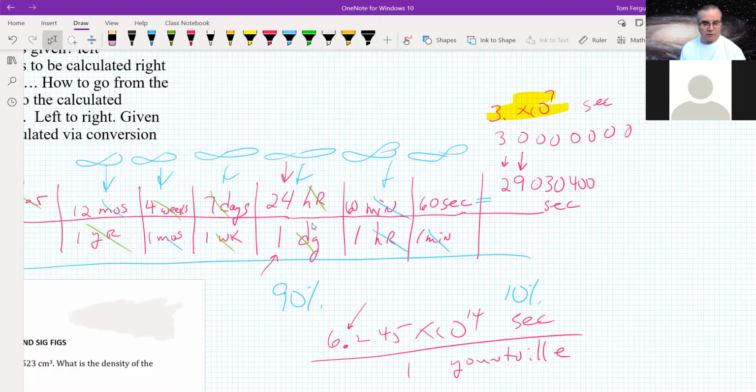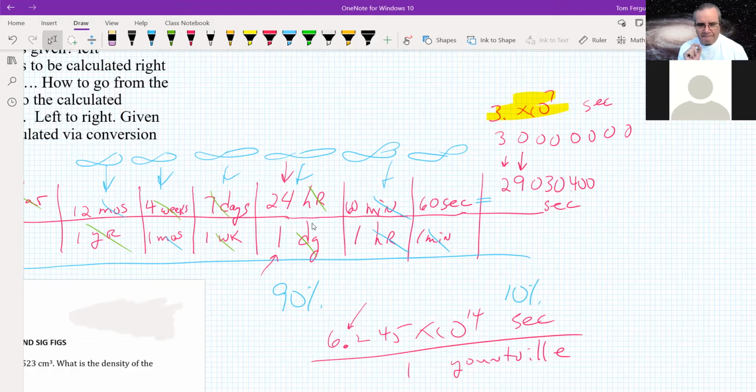Well, guess which one's more precise? The digital one. The spring-loaded one was just the accuracy of the spring. Spring gets old, it gets weaker, all this stuff, where a digital one doesn't. And so the digital one is going to be more precise than the old spring one. So you're going to have more sig figs associated with the digital one than the old spring one.